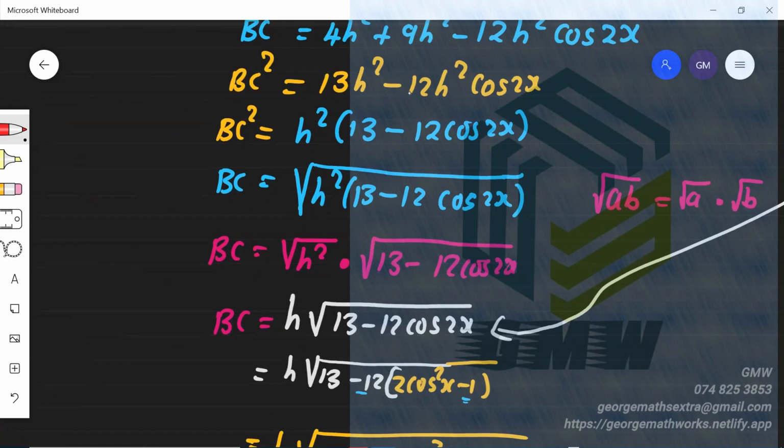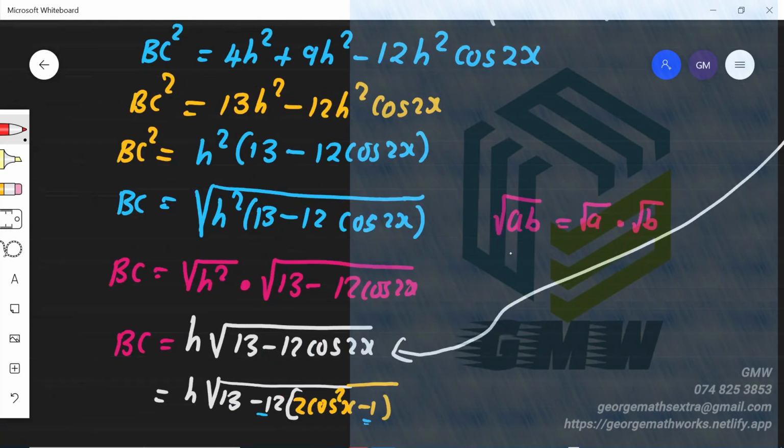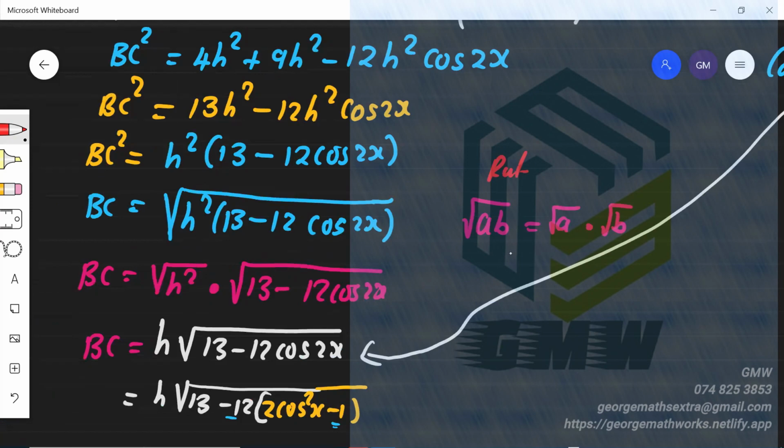Then we came here. I saw a common factor. So all of this is algebra. The topic 3D shapes just introduced the formula. The rest became algebra as well as just the introduction of identities. Here, factorization, that's algebra. We took out h squared. Then this is rules of surds, again algebra.